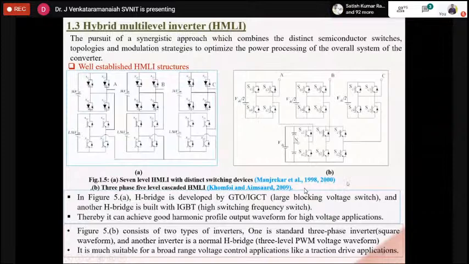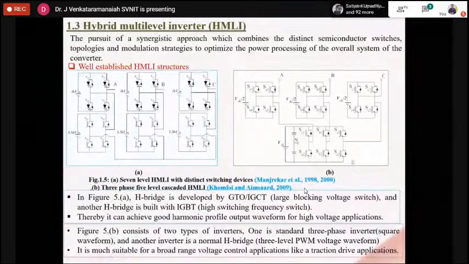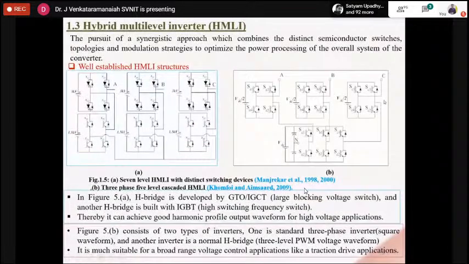And another inverter is 3 individual H bridges. So what they did, they cascaded 1 full bridge and 1 half bridge to get a higher number of levels instead of 2 individual H bridges. So it is very much suitable for a broad range of voltage control applications like traction drive applications.